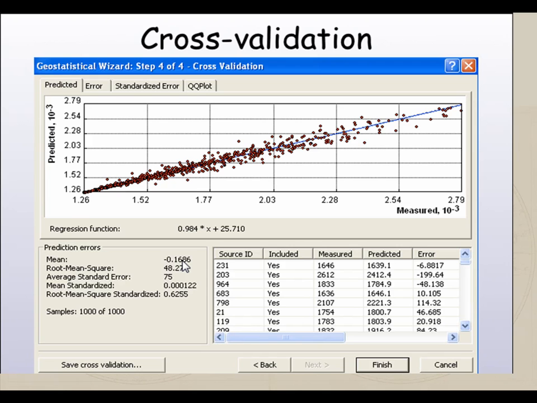And the other is the actual model itself, to compare where you measured and what you predicted. So it's important you have some sort of validation process to say, I interpolated this data and my root mean square of my error is 48 meters, and my standard error is 75 meters. So that's the types of measurement, validation, and accuracy assessment.